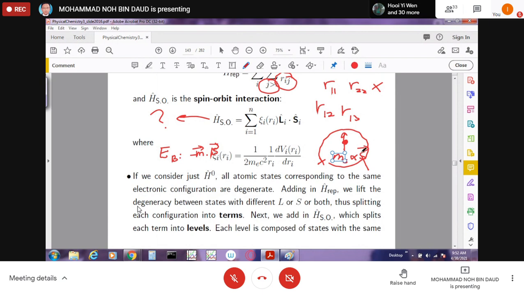You can refer to your notes, physical 1. We can write it in terms of the electron g factor. You also can find this in spectroscopy. It is proportional to this spin vector.